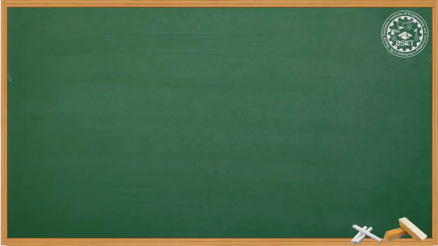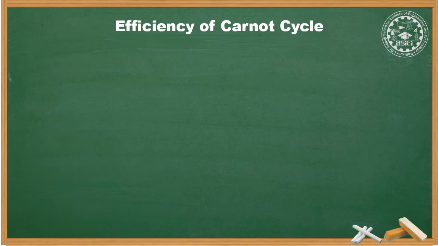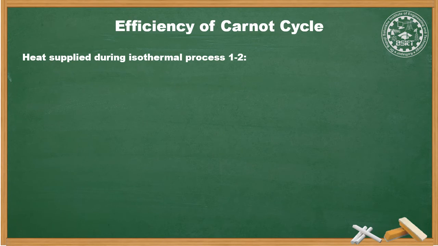After understanding the processes properly, we move on towards the efficiency of the Carnot cycle. The heat is added and rejected only two times, and due to this, heat supplied during the isothermal process 1-2 can be calculated using the formula Q1 is equal to RT1 log V2 upon V1.